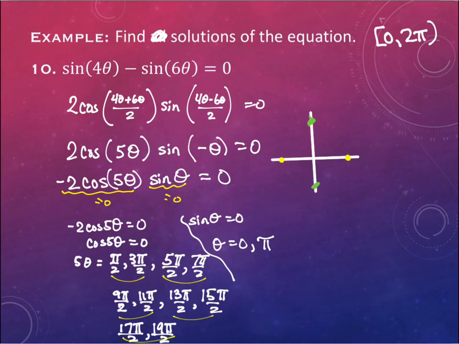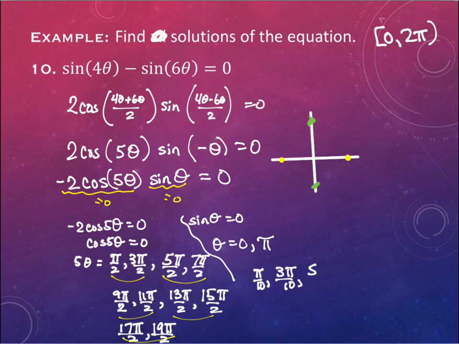And we're going to divide every single one of them by 5, which is the same as multiplying by 1 over 5. All those denominators will become what? 10. 5 times 2, 10. So instead of getting pi over 2, I'm going to get pi over 10. And I'm going to get 3 pi over 10.